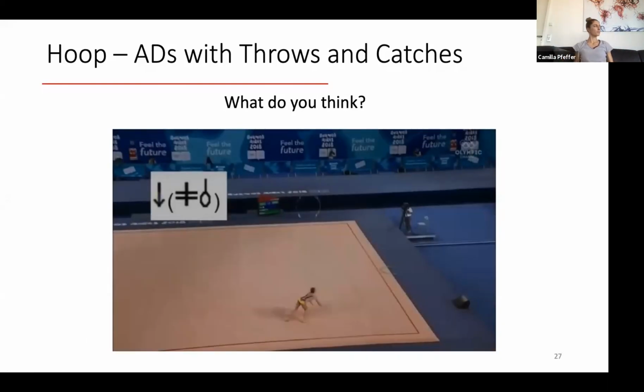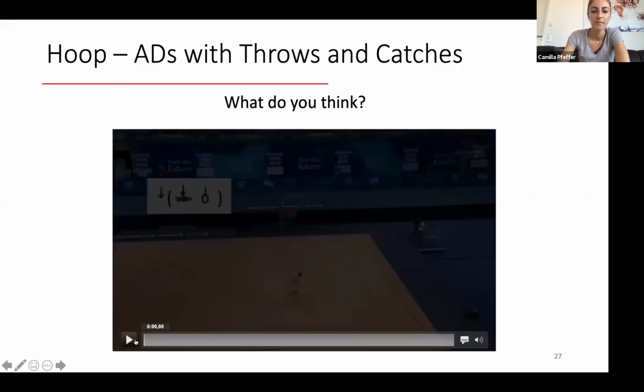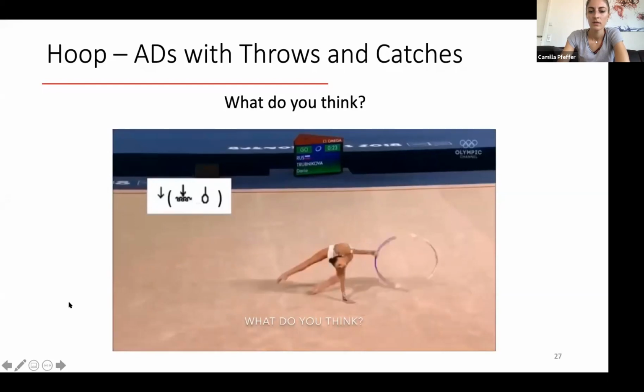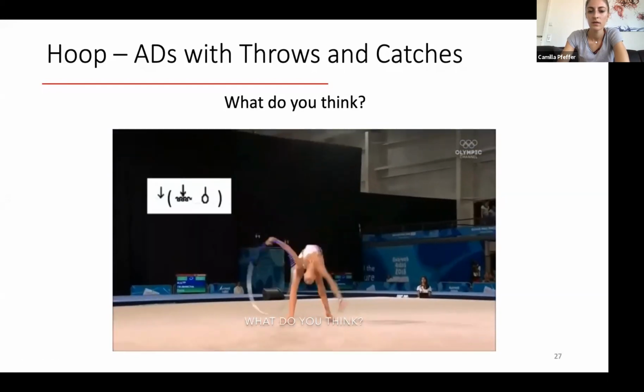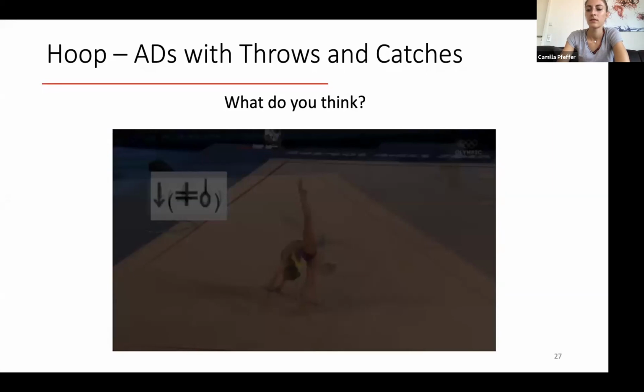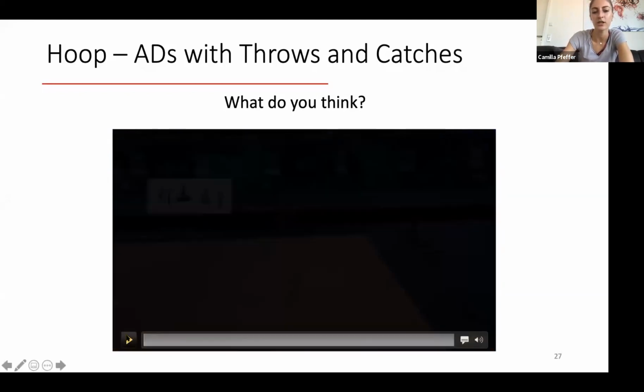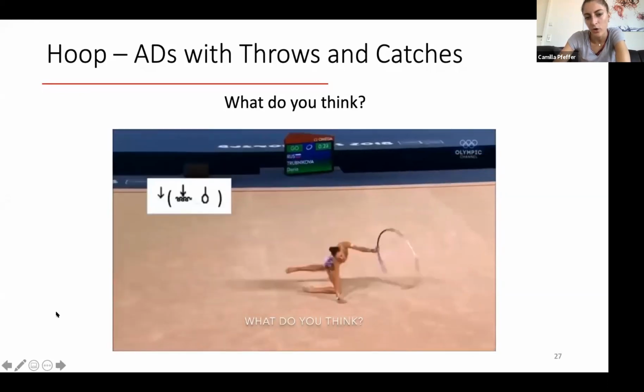What do you think? Will it still be counted? Was there a roll? Yeah, there was a roll. She was trying to catch, at least to try. She wanted to catch in roll.